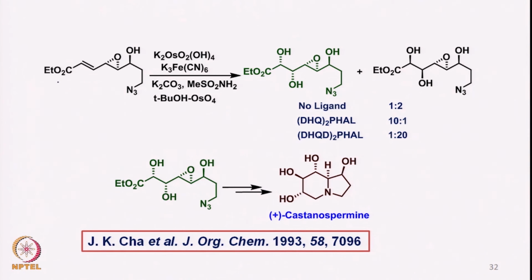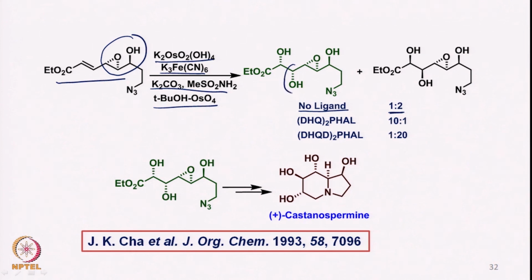For example, we can take this epoxide having an olefin. Of course, this part of the molecule has been prepared by using Sharpless epoxidation, and the dihydroxylation was carried out using this protocol which we discussed just now, and if we take no ligand we get both the molecules, and the ratio is 1:2.